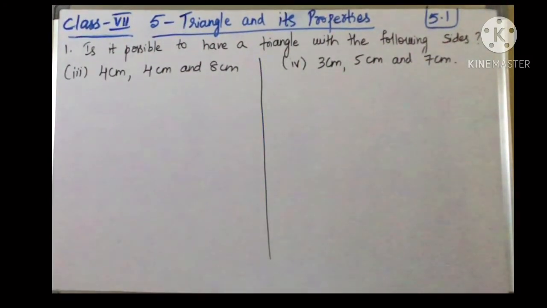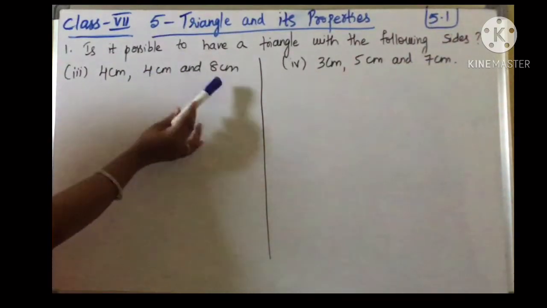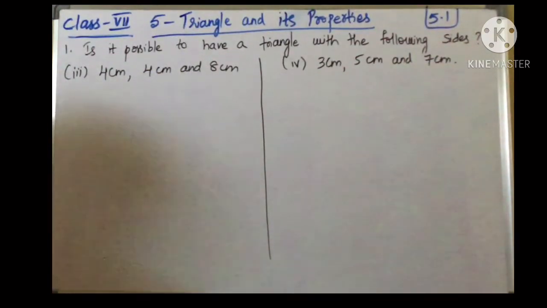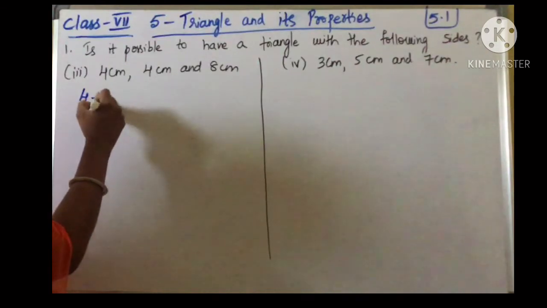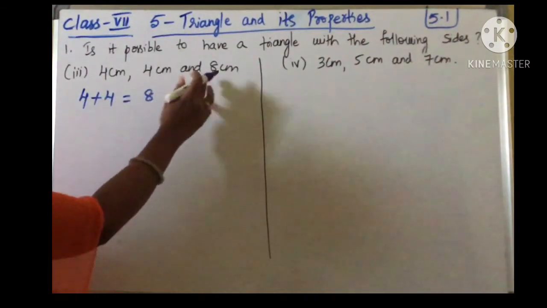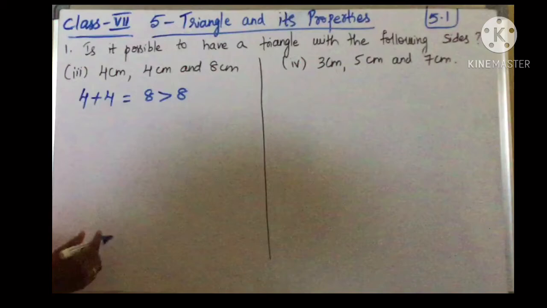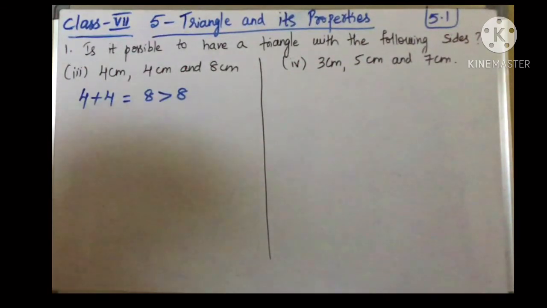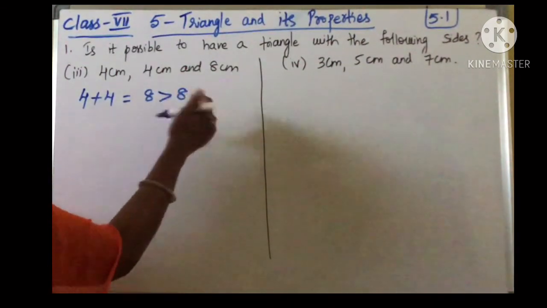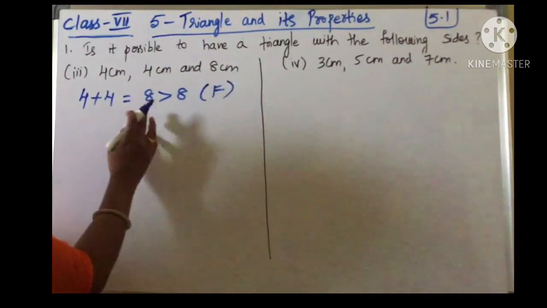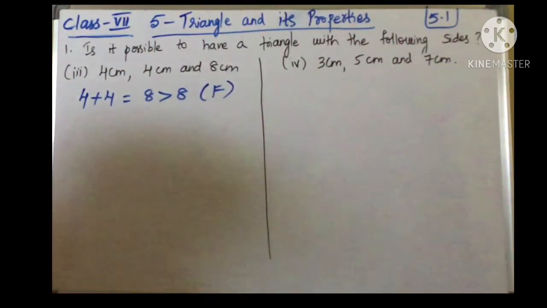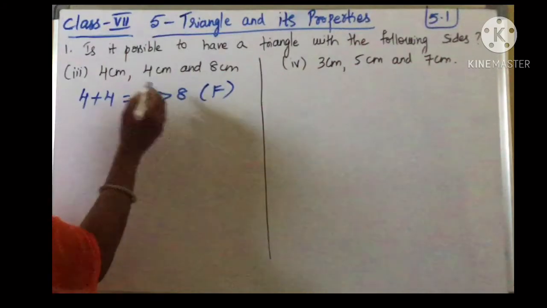Next, the third one is 4 centimeters, 4 centimeters and 8 centimeters. We are going to check here now. 4 plus 4, how much? 8. Is 8 greater than 8? Here the sum of two sides should be greater than the third, but here you are getting equal. So it is false, because 8 is not greater than 8. 8 is equal to 8, but you need to get greater.